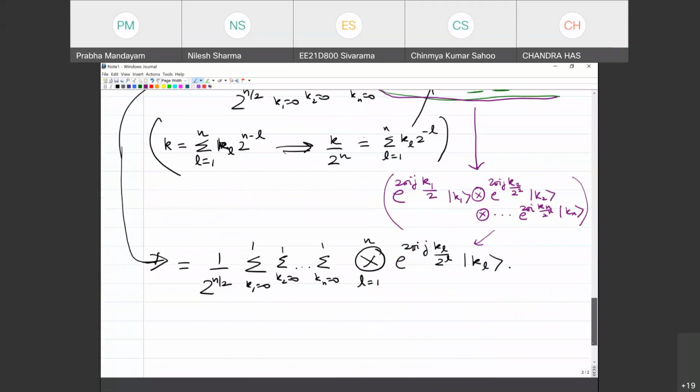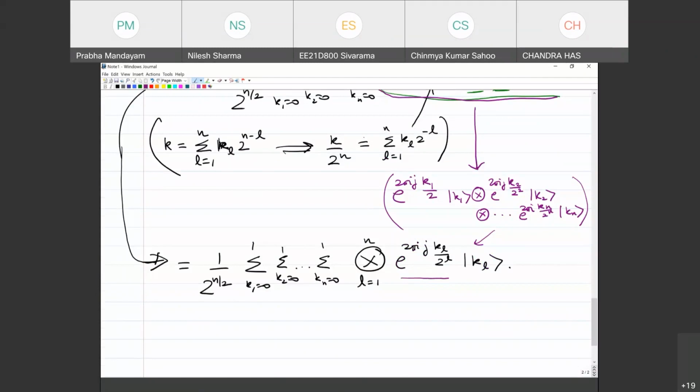Hope that is clear. So now there's nothing much left to do, right? For every tensor product factor now there is a sum like this, where each ki is either 0 or 1, right? So every time a particular ki is 0, what happens? This phase factor vanishes, correct?